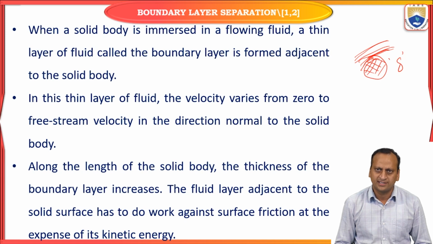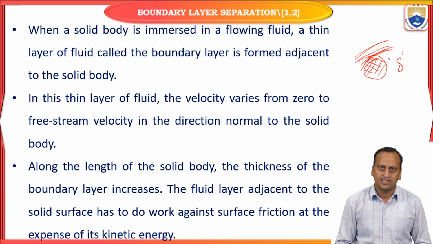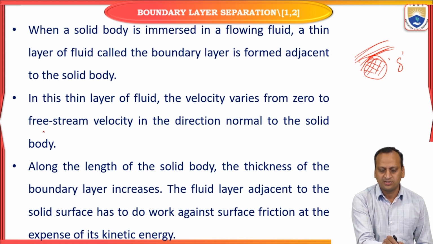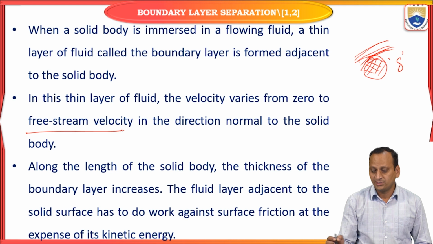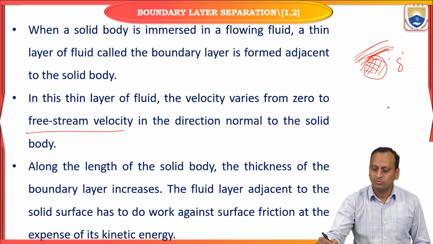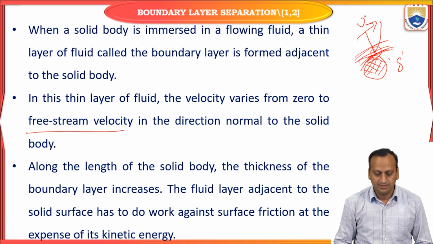In this thin layer of fluid, the velocity varies from 0 to the mainstream velocity. Here the velocity will be 0 at this point, and it increases to the mainstream velocity, capital U.